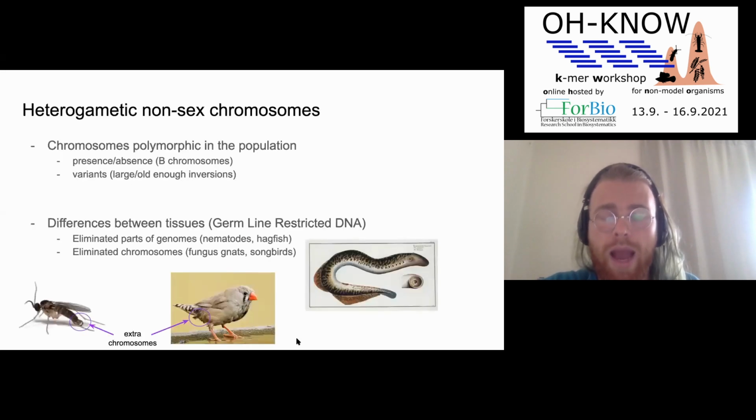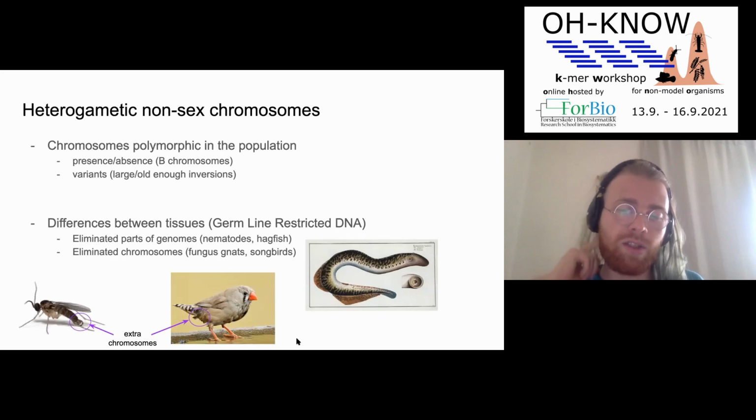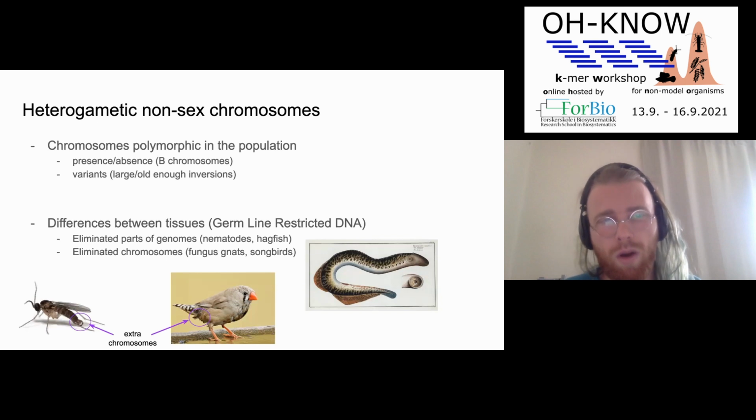Just for the record, this is not just about the sex chromosomes, because there are lots of other exciting chromosomes, like B chromosomes, that are polymorphic between different lineages, where the structural variant in the population is the presence or absence of a whole chromosome. Very large inversions could be detected in a similar way too.